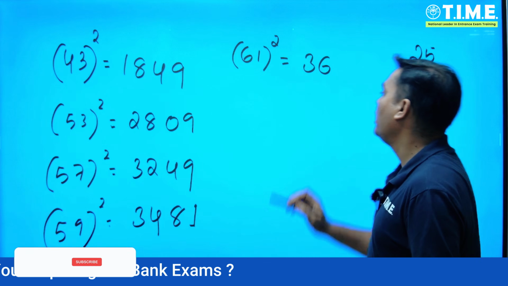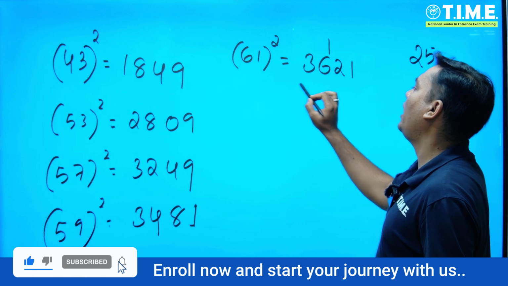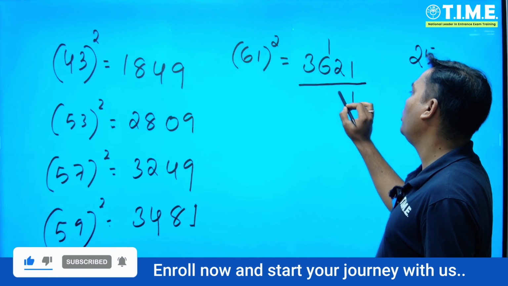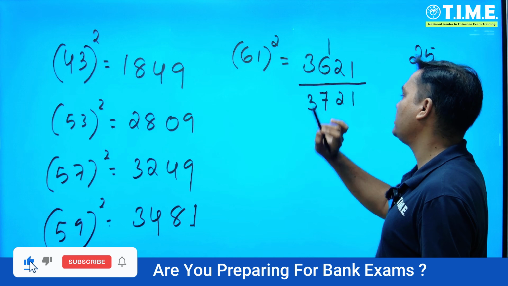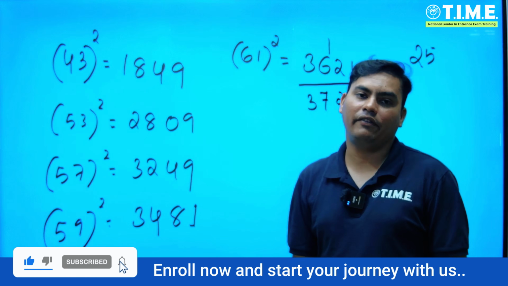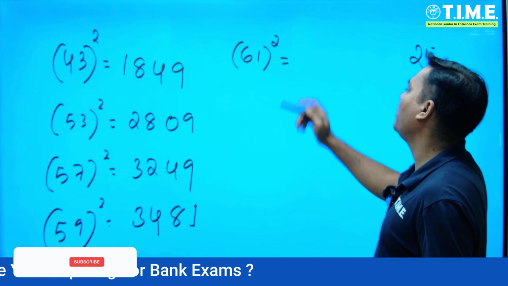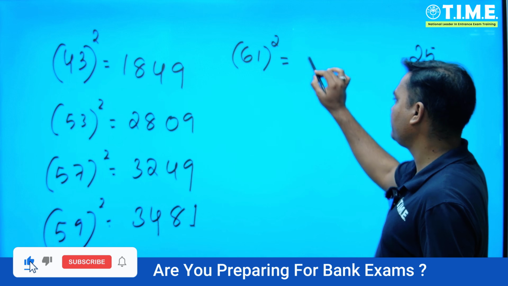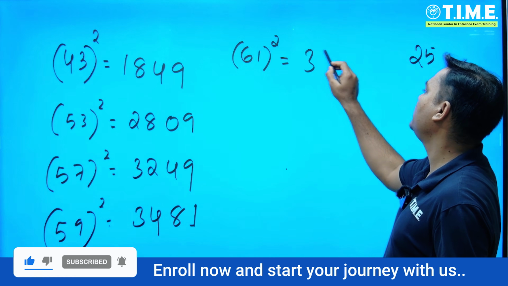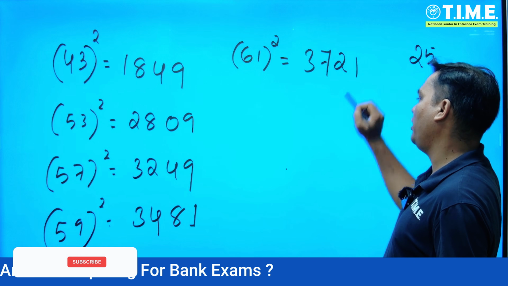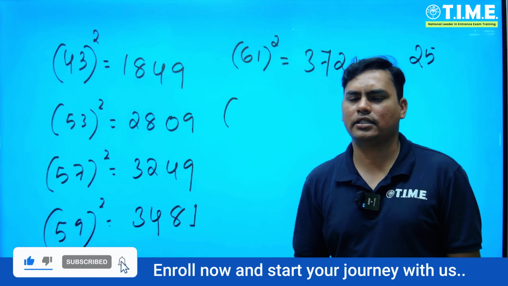I will be writing 1, 2, 1. Now add it. This is 36 plus 1 will be 37, and then 21. So my answer will be 3721.